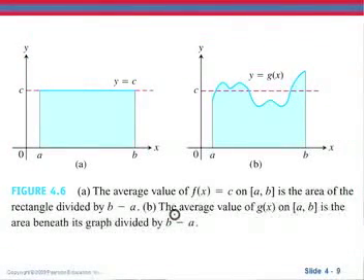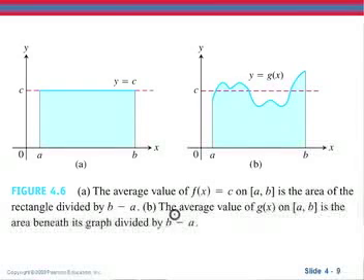Now the other concept we want to discuss in this section is the concept of average value. The average value of a function on an interval is the area divided by its width. If you look at graph A where you've got a rectangle, the area is what you get when you take that area and you divide it by the width, which is b minus a.